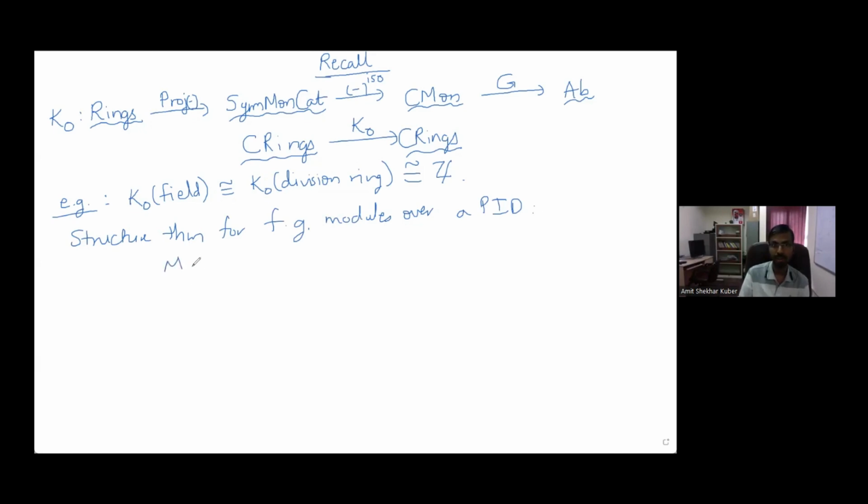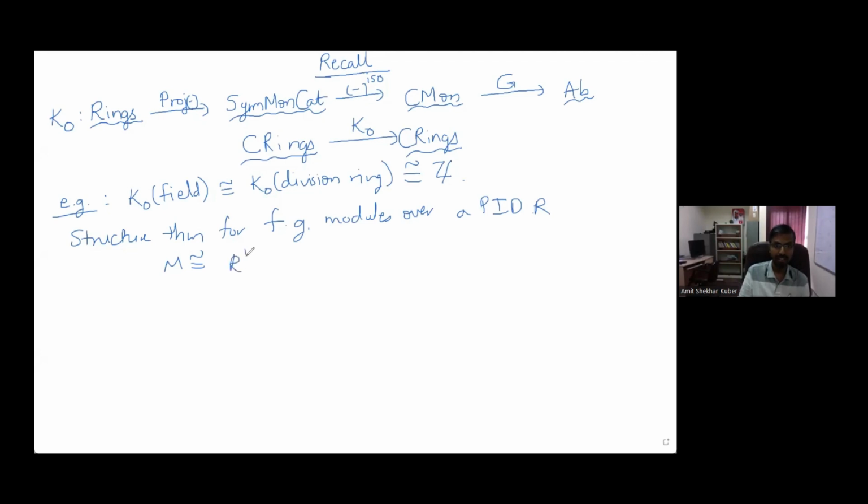You start with a module M, and what does it look like? R mod A1 times R mod A2 and so on. Yes, so it's a finite direct sum of cyclic quotients. Everything is cyclic anyway.